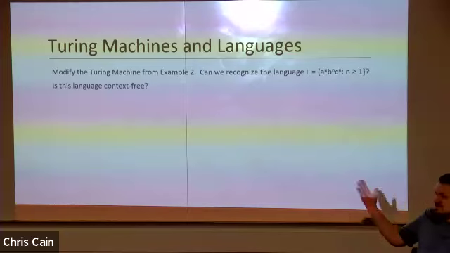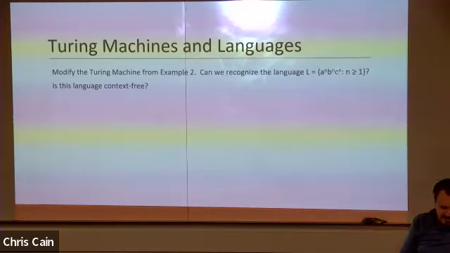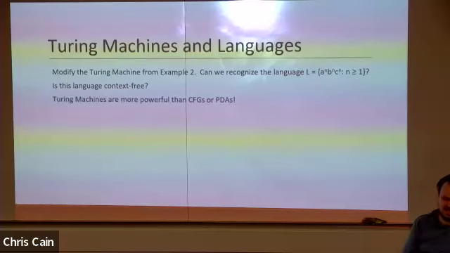Since this is a beautiful example of a language that an NPDA could not accept, but a Turing machine can, this at least gives us some evidence that Turing machines can accept languages outside of the scope of push-down automata, context-free grammars, anything that is in the context-free language category.